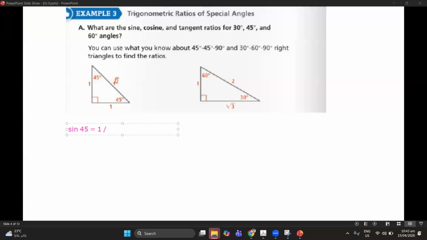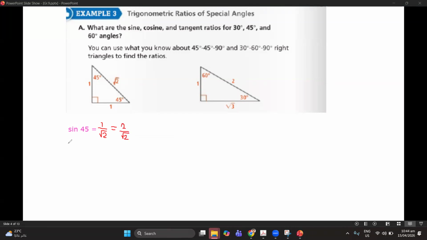Excellent. Write square root here. It's 1 over square root of 2, or using the way I showed you before, it's square root of 2 over 2.